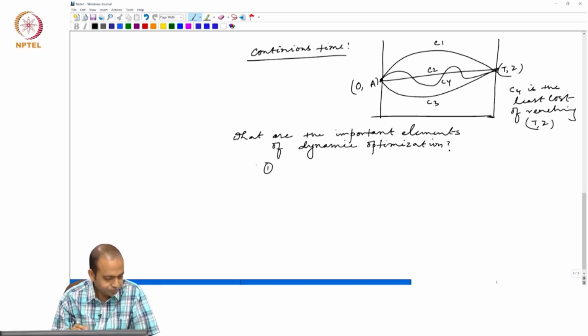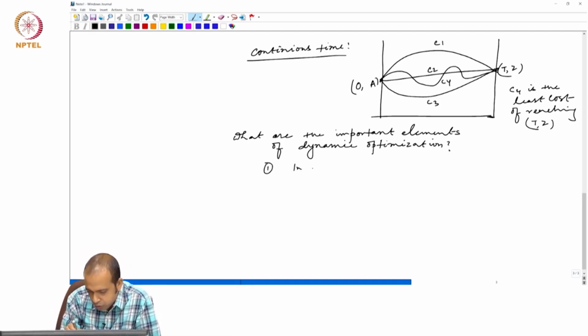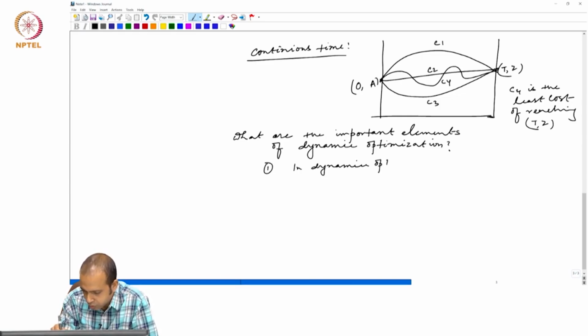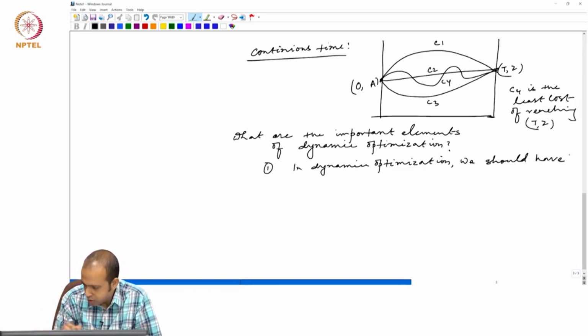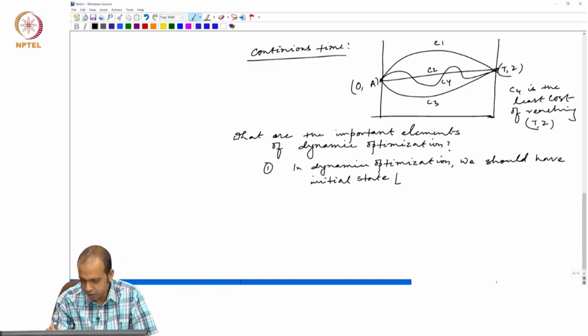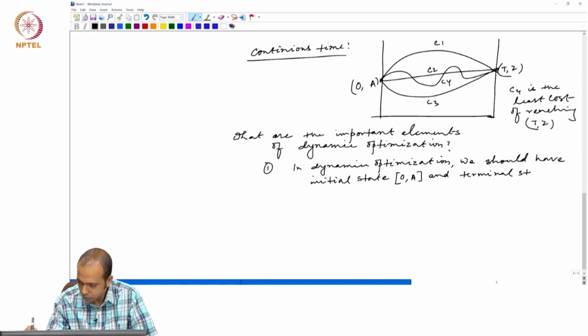So, firstly, in dynamic optimization, we should have an initial state, which is denoted by 0A, and a terminal state, denoted by TZ.